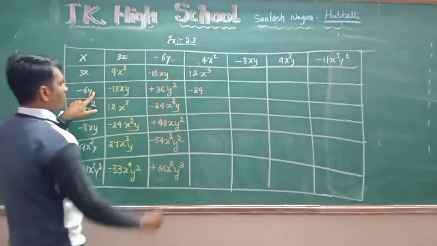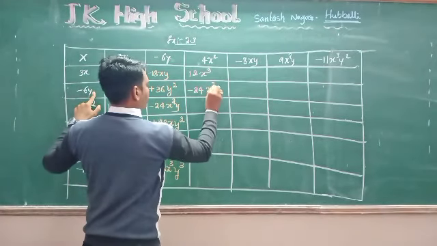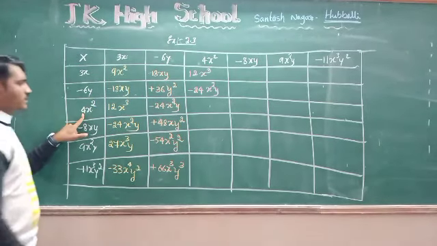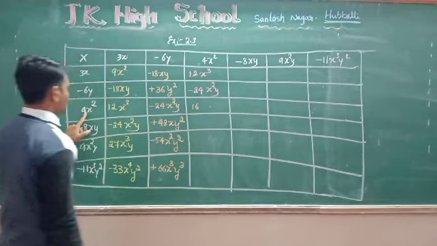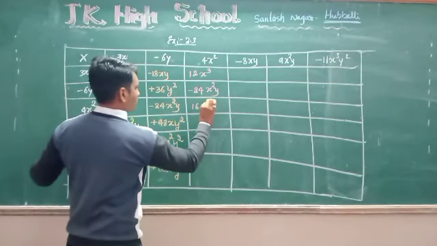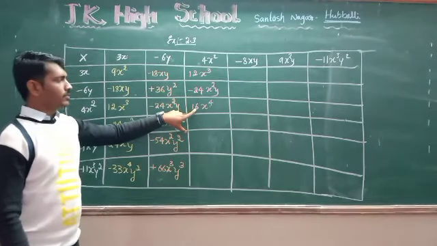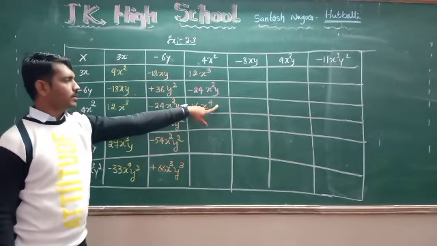Next term, y into x squared, x squared y. Next here, 4 4s are 16. X squared and x squared means x to the power 4. X squared and x squared, what will come? 16x to the power 4.